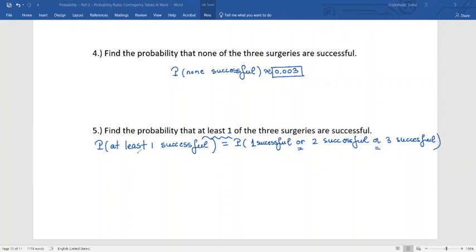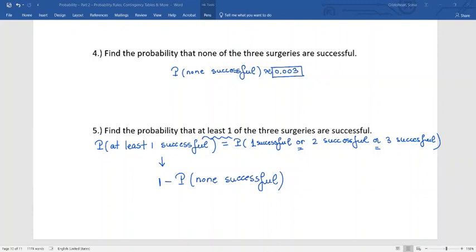The complement of at least 1 successful is the probability that none of them is successful. In order to use the complement, I will simply subtract the probability of non-successful from 1, and that will give me the answer a lot faster and easier. So what I used right here is the complement rule.